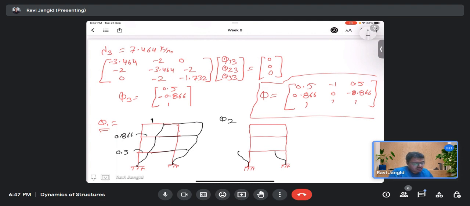Then my first mode is 0, so that will go like this, and that is 1 this way. So that is 1, minus 1, 0.